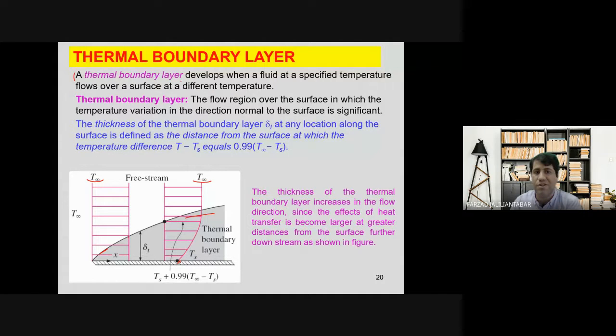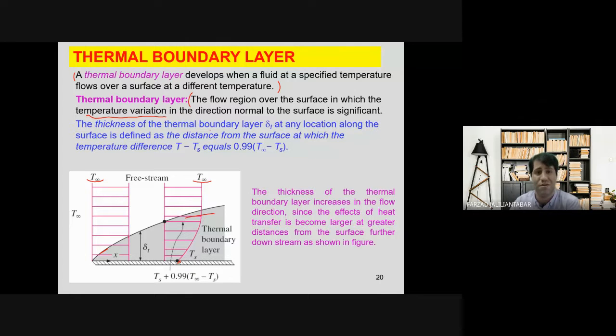So a thermal boundary layer develops when a fluid at a specified temperature flows over a surface at a different temperature. What I told you. Thermal boundary layer is the flow region over the surface in which the temperature variation is similar to the velocity. If the temperature is affected significantly by the surface temperature, then that region is called the thermal boundary layer.